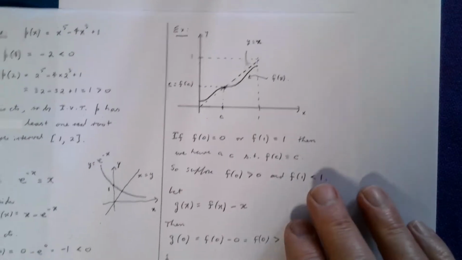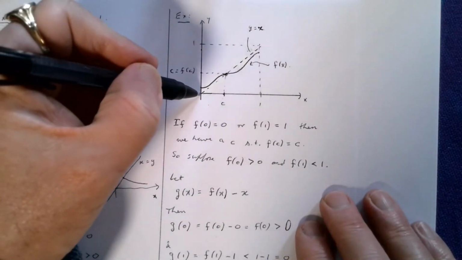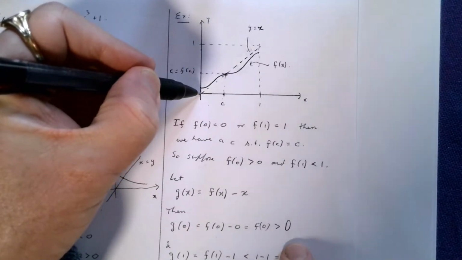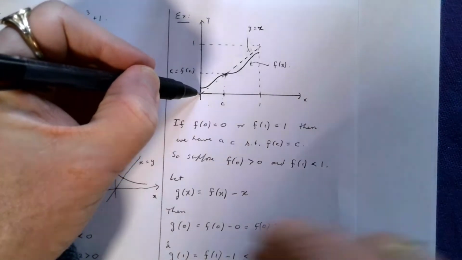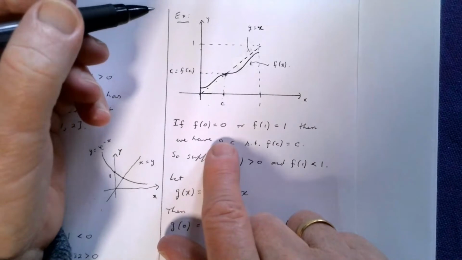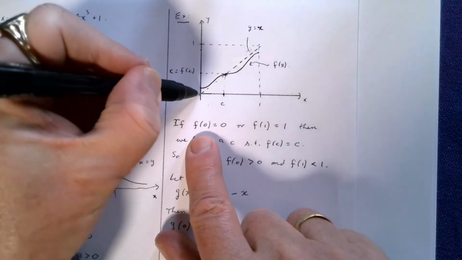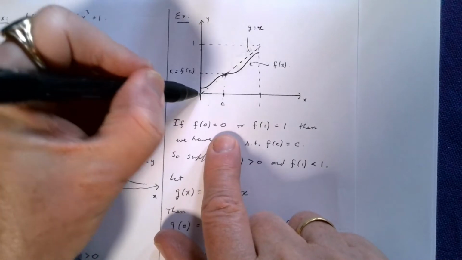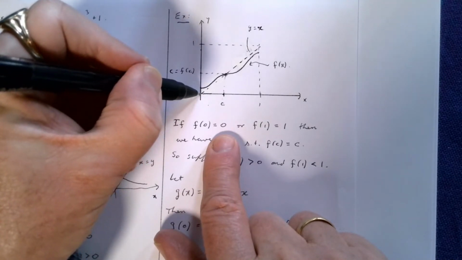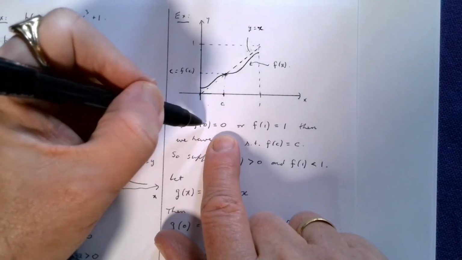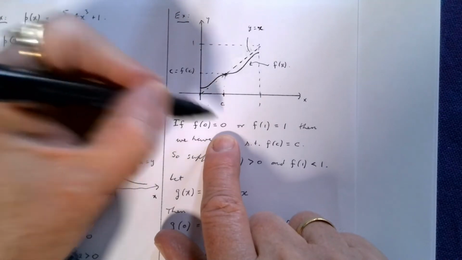Now we have to worry just a little bit about what's possibly happening at the two endpoints, because I want to exclude these. So this is just a little technical point here. If my function happened to start here, if f of 0 was 0, well, in that case, I've finished, because I found a number c, which is just 0, so that f of c equals c.